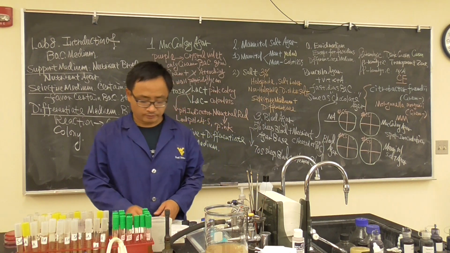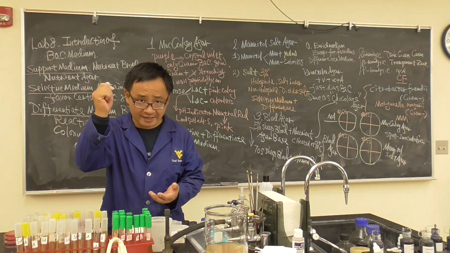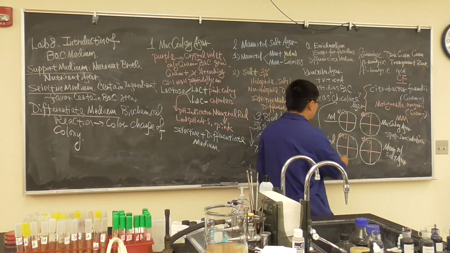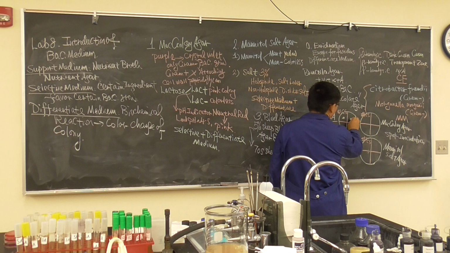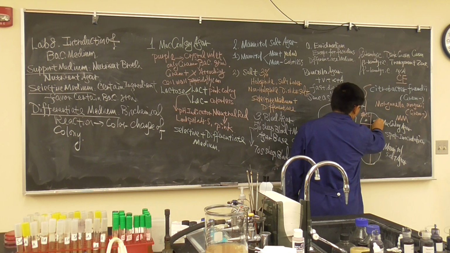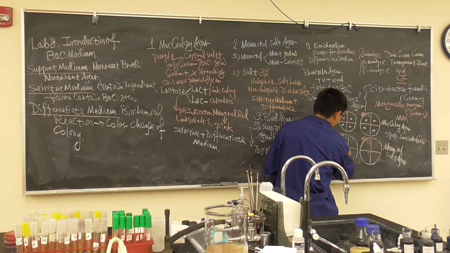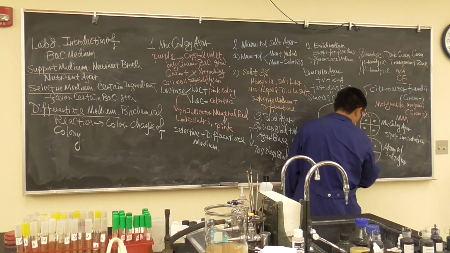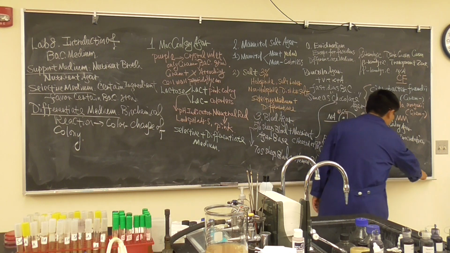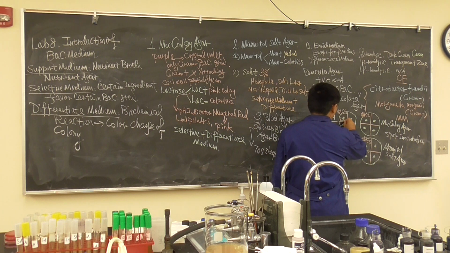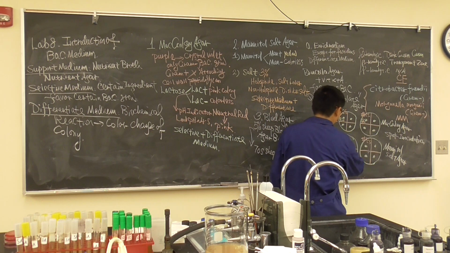What do we do for spot inoculation? Use a loop to pick the bacteria from the slants. Just do a little bit of zigzag, a very tiny zigzag for each. What are we going to add there? We will add E. coli on every single place on the side.